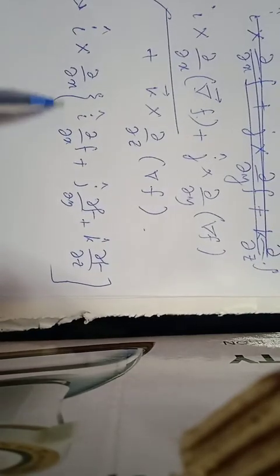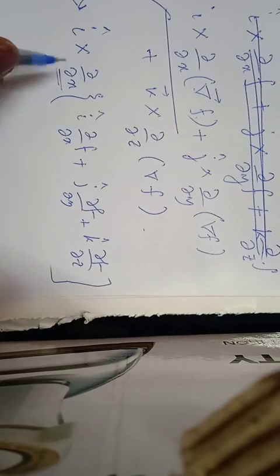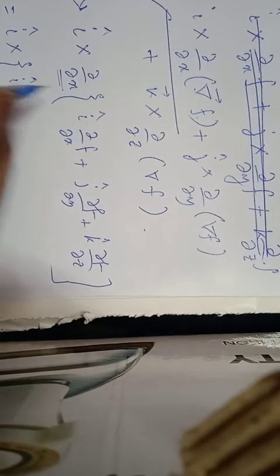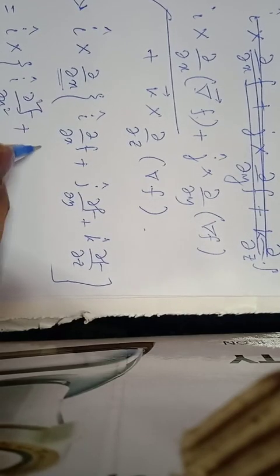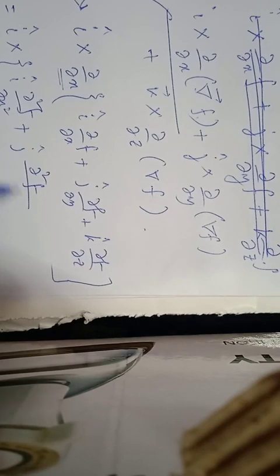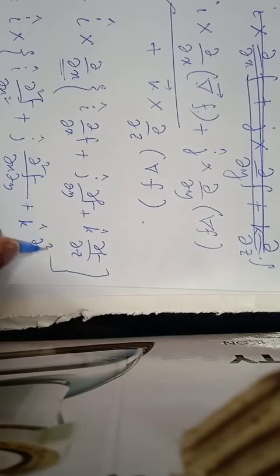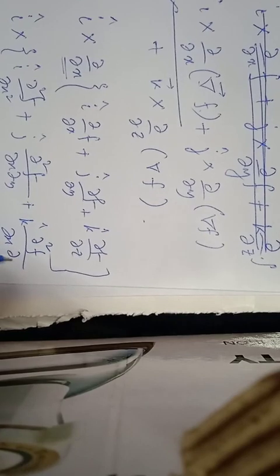Now moving that del/del x over this, we get i cap cross i cap del²f/del x² plus j cap del²f/del x del y plus k cap del²f/del x del z.